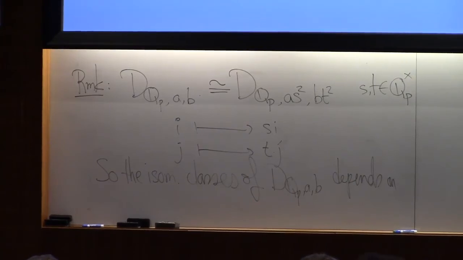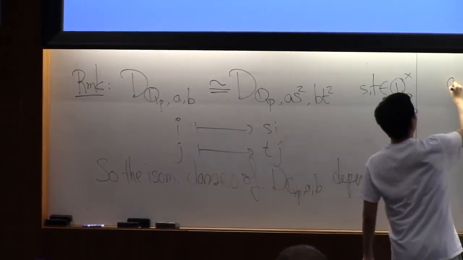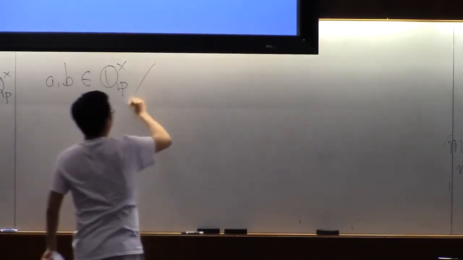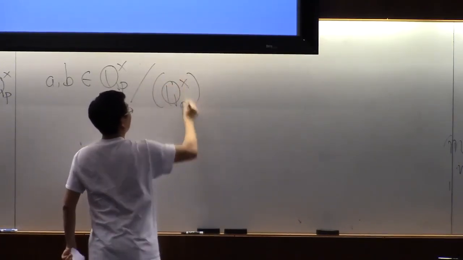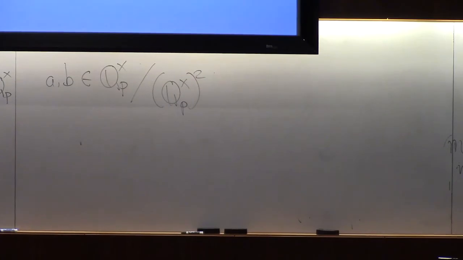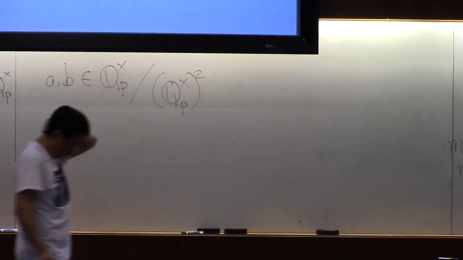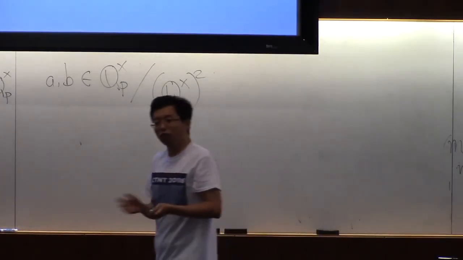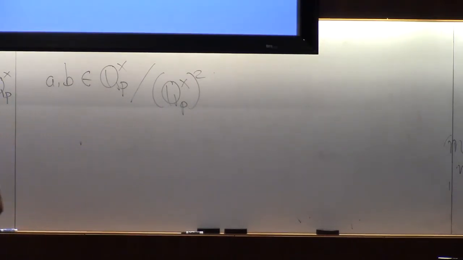I'm using something I shouldn't have erased, but I can't help it. If we're dealing with rational numbers, this doesn't help too much. Rational numbers up to squares, you can parameterize them by square-free integers, but there are plenty. But for QP, it's not too bad.